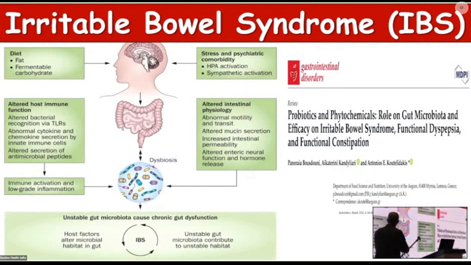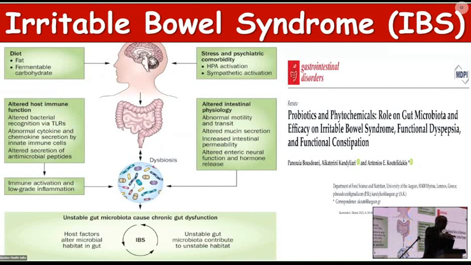This will alter host immune function and alter intestinal physiology, and both of them will lead to dysbiosis, and this dysbiosis will lead to altering of the microbial habitat in the gut, and this will lead to disturbed gut function, and we will enter a vicious circle.